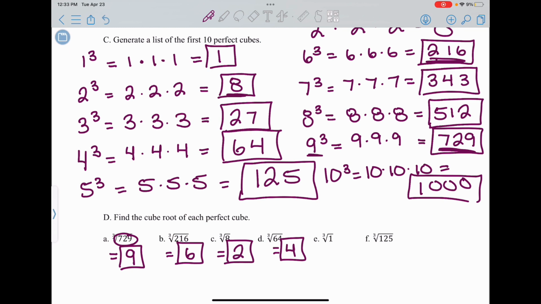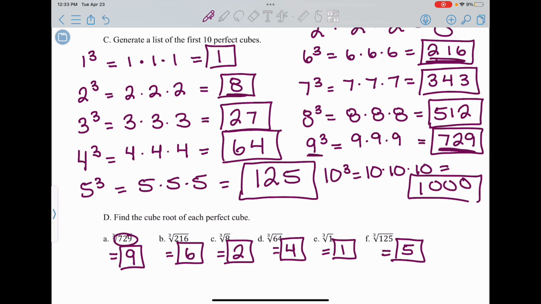Next I have the cube root of 1. I know that the only way to get 1 is by multiplying 1 by itself 3 times. And lastly 125 I get from multiplying 5 by itself 3 times. And so those are my perfect squares and perfect cubes.